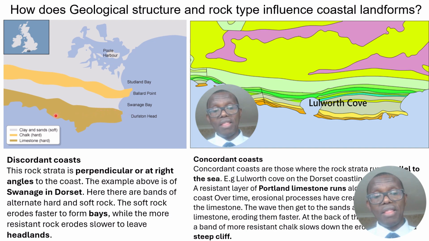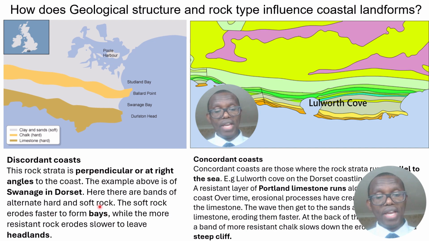And then the other rocks here, which is limestone up here, and then chalk, which are both harder, have been left as outcrops, sticking out to the sea, and they form what are called headlands. So you have Ballard Point here, which is a headland, and then you have Dalston Head here, which is also a headland. Now this obviously is in Swanage in the Dorset coastline.